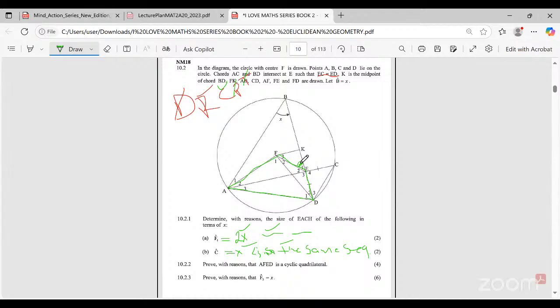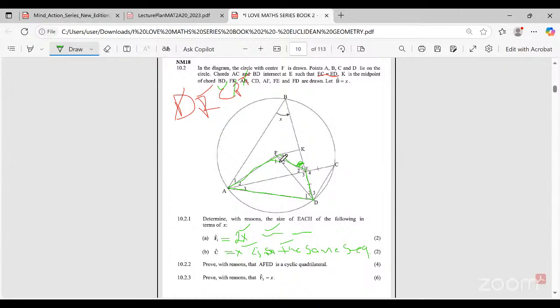This angle here, you are saying is two times. Reason being, could we say that angles in the same segment? So you want to say this angle is 2x and you are saying it is equal to this one. Yes, sir.